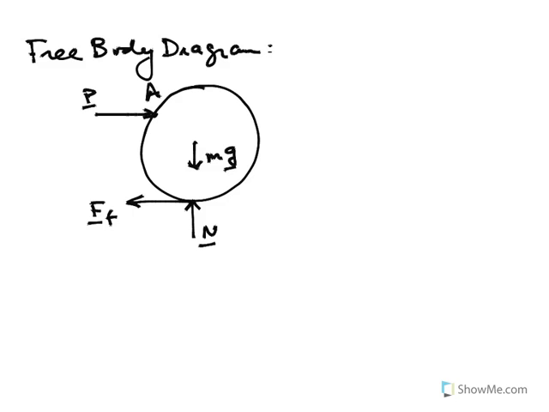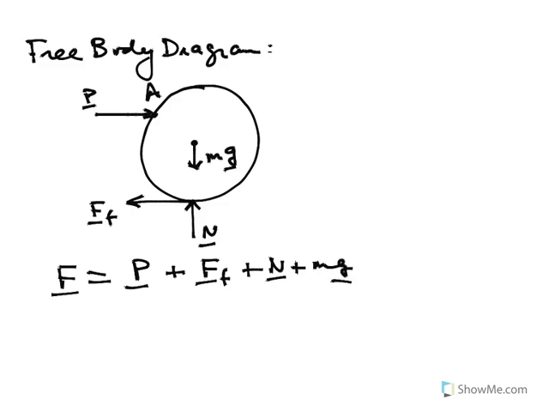All right? So in order to compute the resultant force first and then the moment, the resultant force is equal to P plus F sub F plus N plus mg. So let's figure all these out. P is in the ex direction. F sub F is also in the ex direction, and it's unknown.